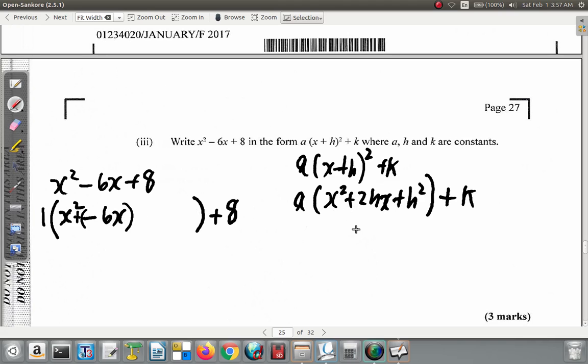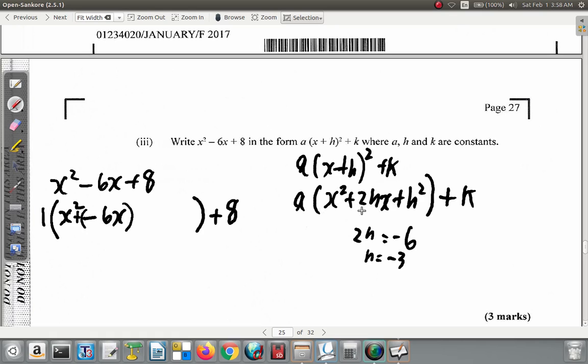Our 2h here is negative 6, so we want to find out what h is. h would be what? Negative 3. Alright, because you can see here negative 6 times x, 2h times x.